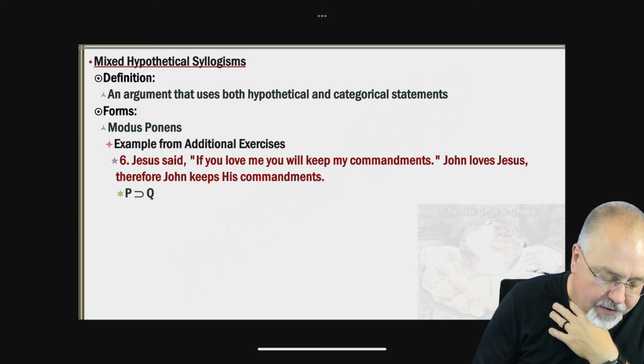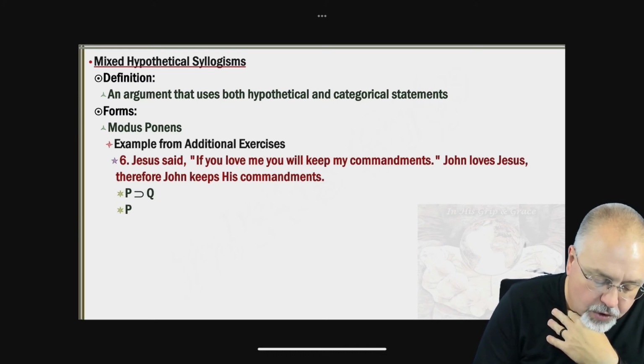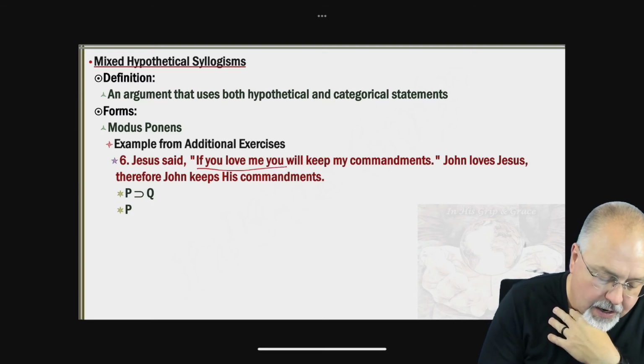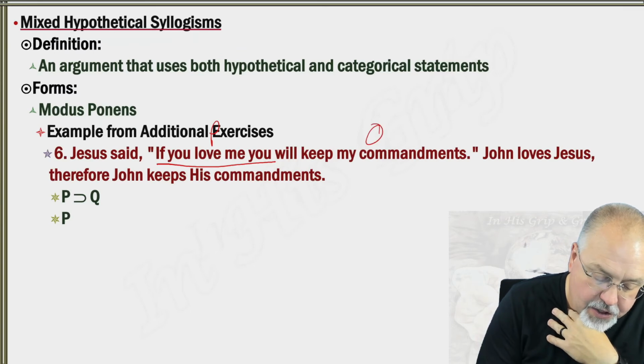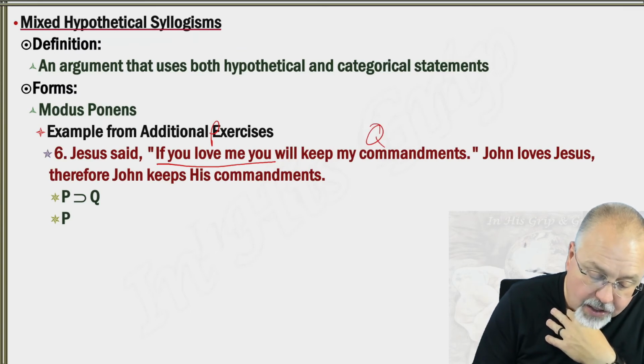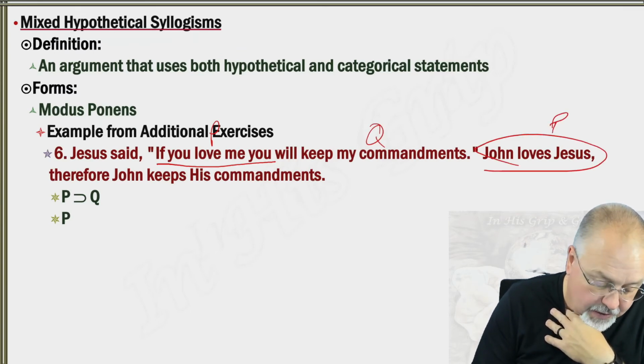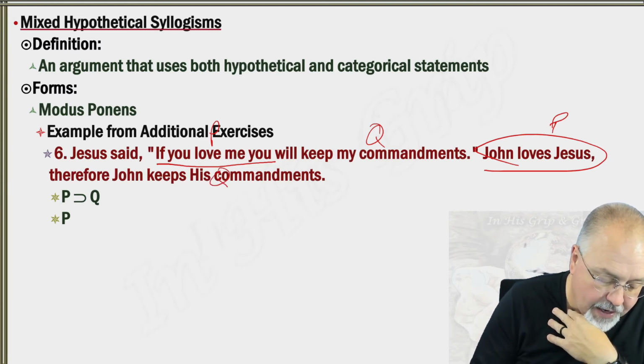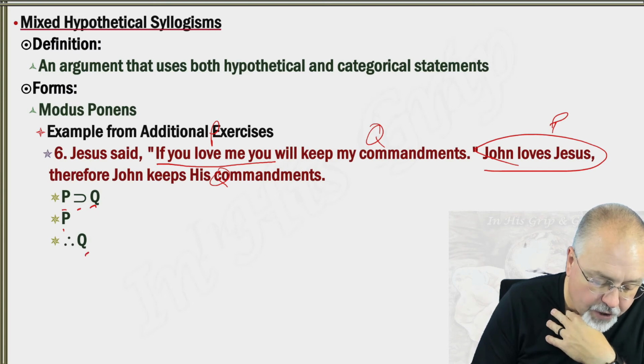And we would write this, the form would be if P then Q. So if you love me, this is P, you will keep my commandments, that's Q, right? John loves Jesus, that's P, therefore John keeps his commandments, and that is Q. So you write it as if P, then Q, P is true, therefore Q is true.